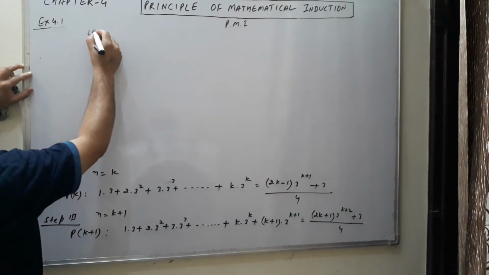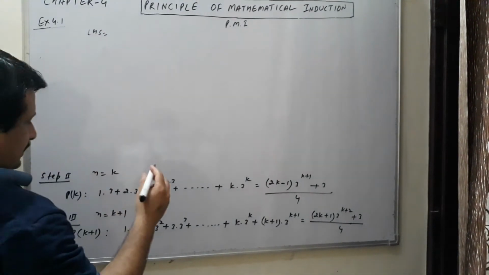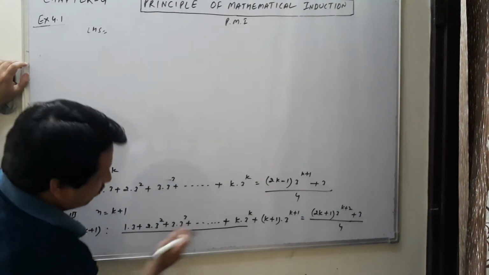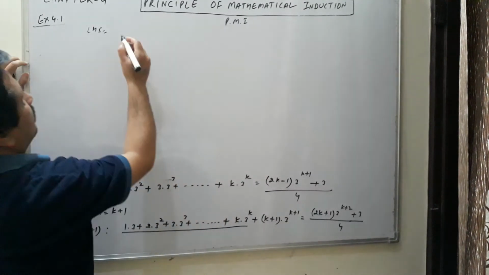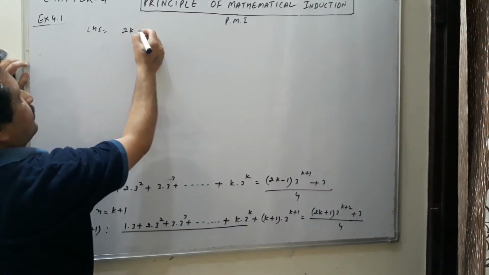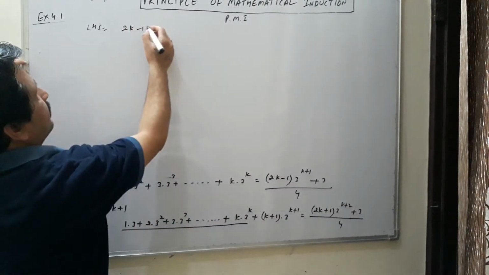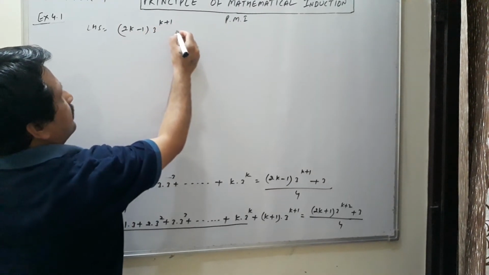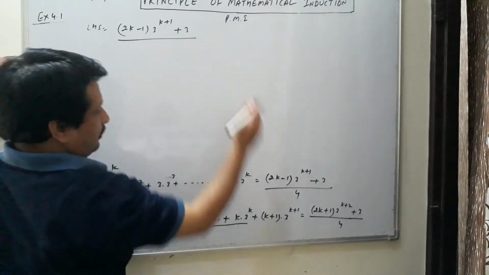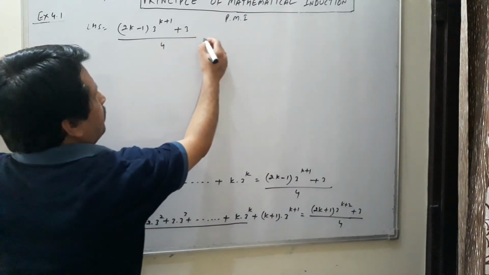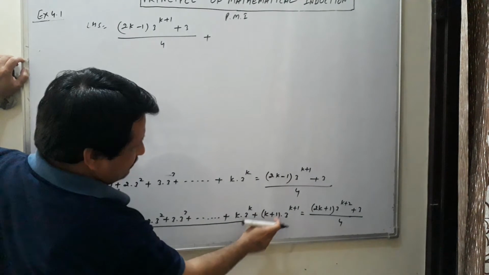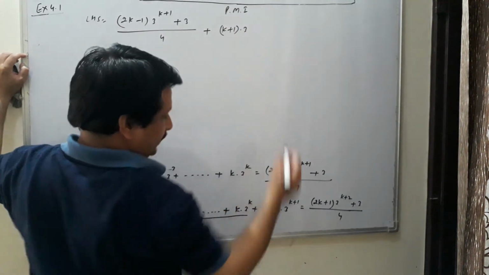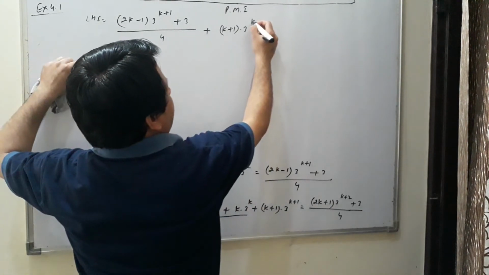We will take its left hand side, that is equal to, up to here we will use this second step, that is (2k minus 1) into 3 its power is k plus 1 plus 3 upon 4 plus, now this is k plus 1, it will come as (k plus 1) into 3 its power is k plus 1.